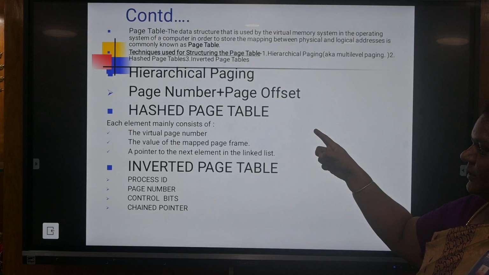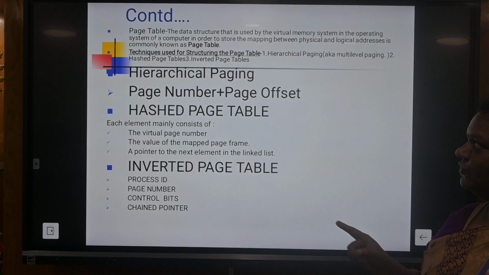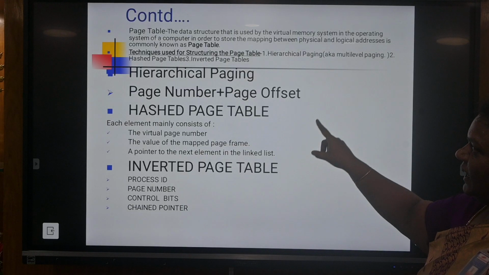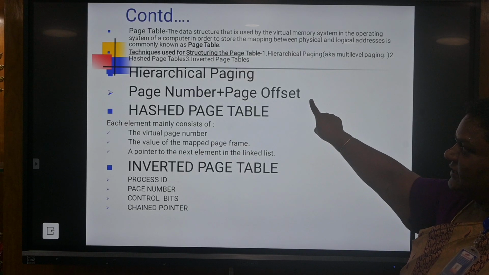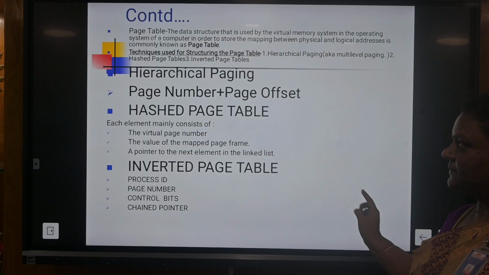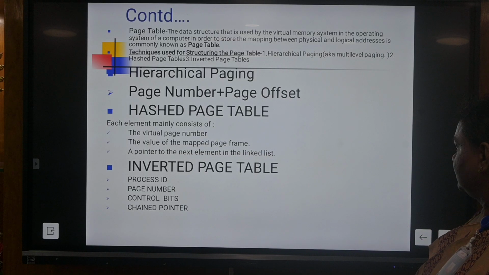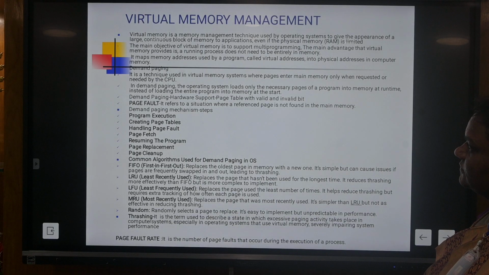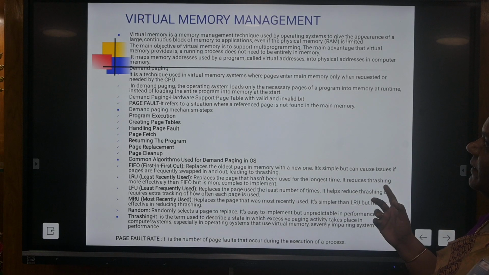The hashed page table uses a hash value for the fixed memory paging. Page number and page offset are used for the system reference. Virtual memory management.